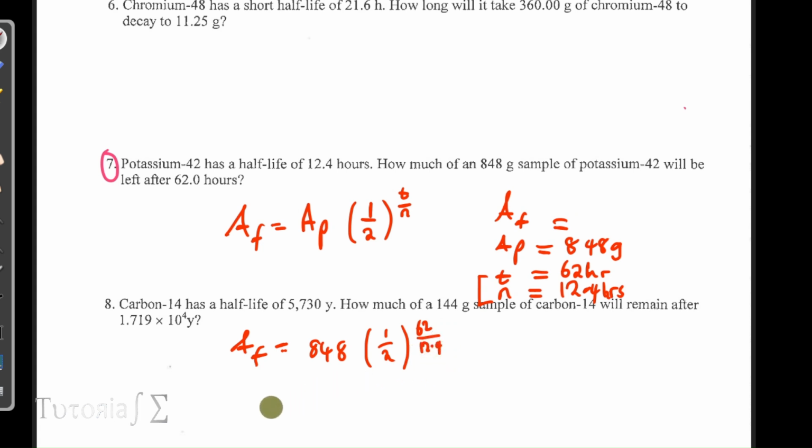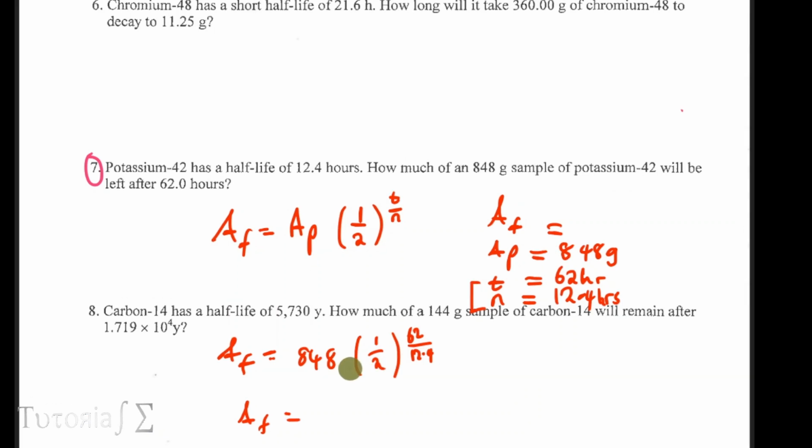Then our AF will be equal to... I should first punch the one that has a power, right? Excellent. 1 over 32. So 848 times 1 over 32 will give you 26.